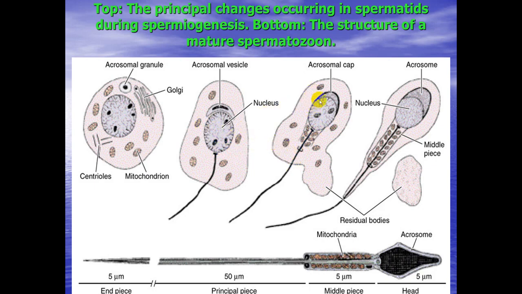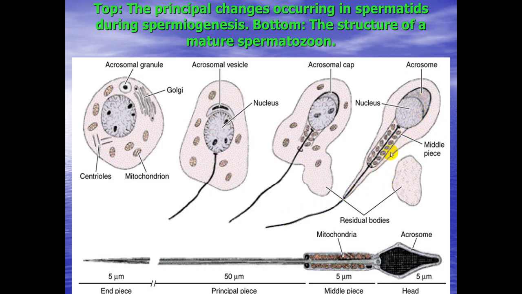Next step, from the acrosomal cap appears the acrosome, and mitochondria migrate to the flagellum and locate around it, and appears the spiral arrangement of mitochondria around the flagellum.